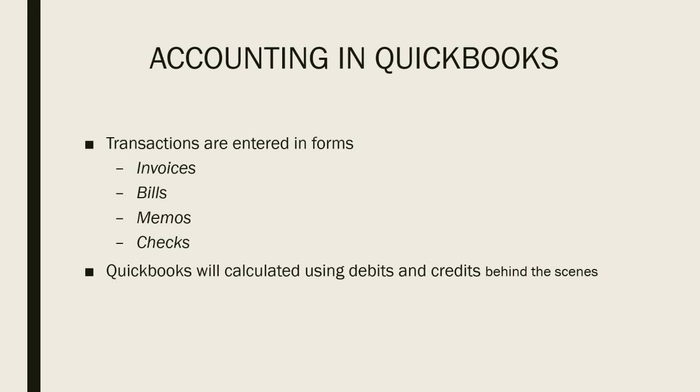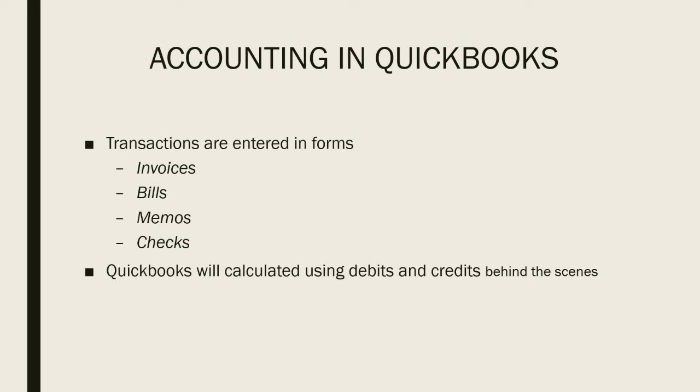So if I paid for something, I write a check. If I received a bill and I owe somebody money, I just enter a bill. Okay? So most of the things that QuickBooks does is it actually calculates all the debits and credits behind the scenes. All we're doing is entering the information one way, and QuickBooks will calculate the debits and credits behind the scenes, okay?